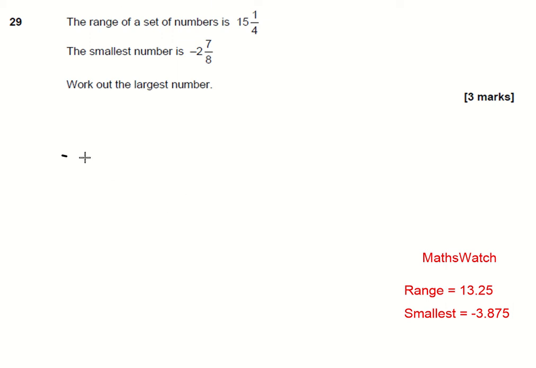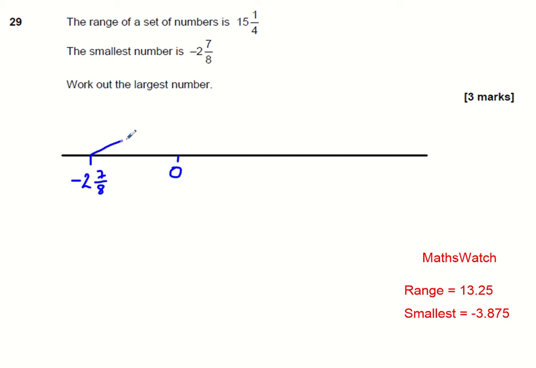I'm going to put these on a number line just to make it absolutely clear what we're talking about. So -2 and 7/8 is going there. For context, the number 0 would be there, and the difference between the smallest number and this largest number that we're trying to find is 15 and a quarter, which means what you're actually trying to do is add 15 and a quarter to -2 and 7/8.